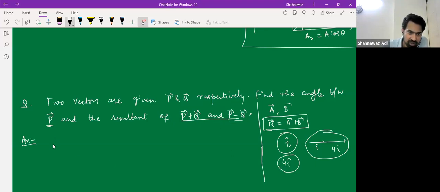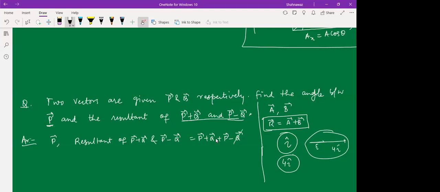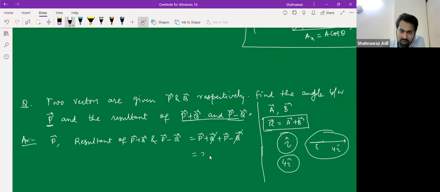Let's say P vector is this, and the resultant of P plus Q and P minus Q would be how much? This would be P plus Q plus P minus Q, right? Yes, sir. So Q cancels and you have 2P vector.